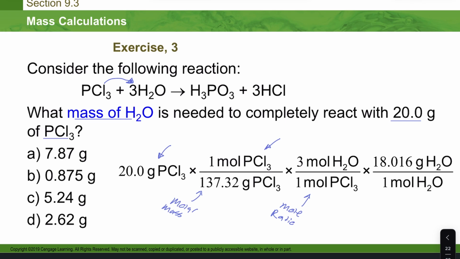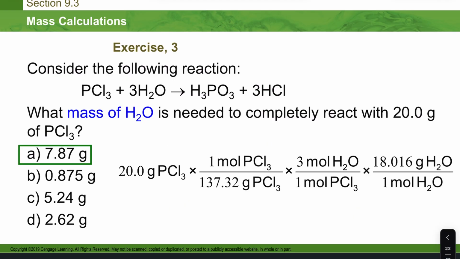But once we do that, we will be able to get to moles of water. We will then use the molar mass of water to convert back to grams. And the answer is going to end up being 7.87.